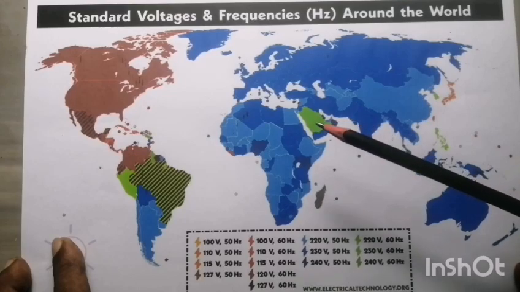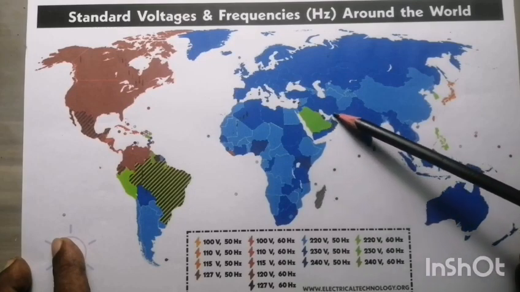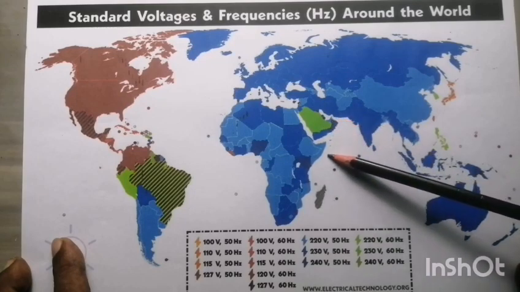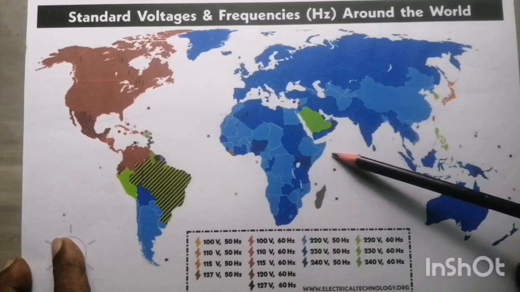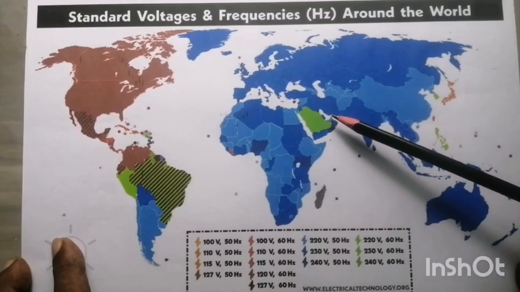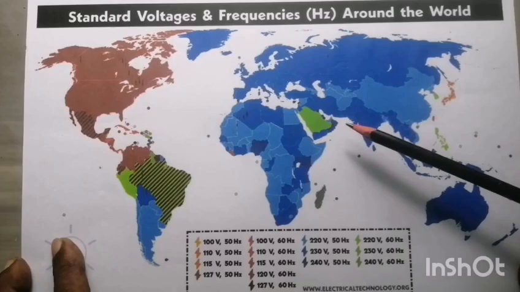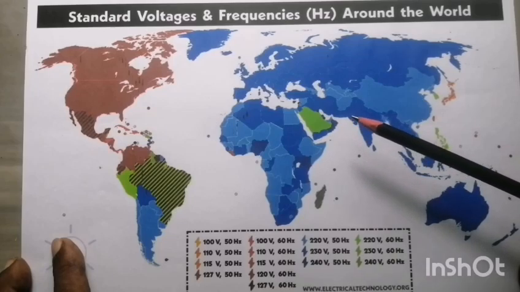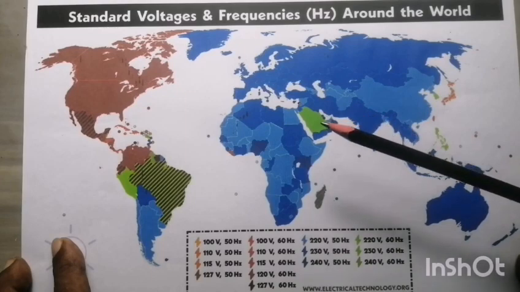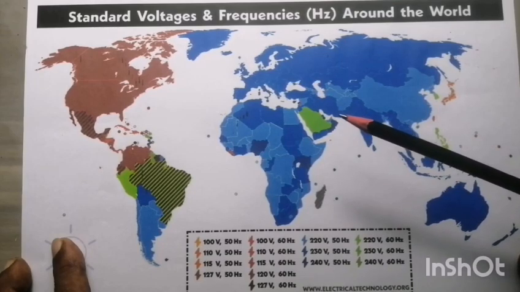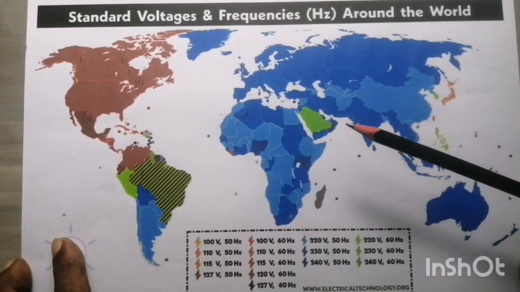But in Saudi Arabia, what we see, they use 220, but their hertz is different. They use approximately 60 hertz normally, whereas we use 50 hertz. Somebody may ask what is frequency and hertz.